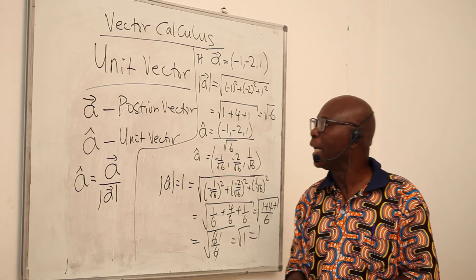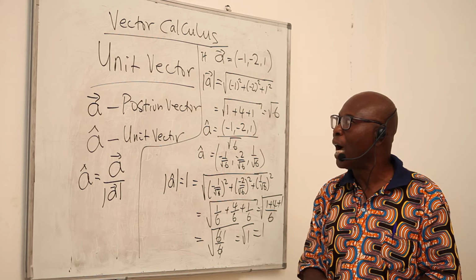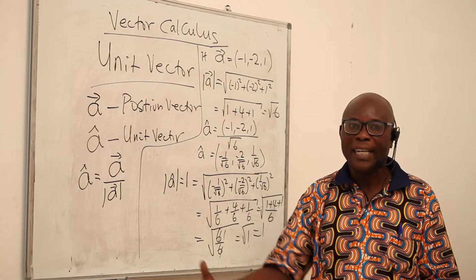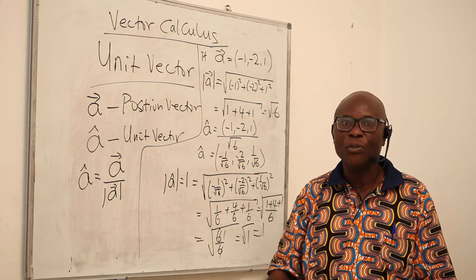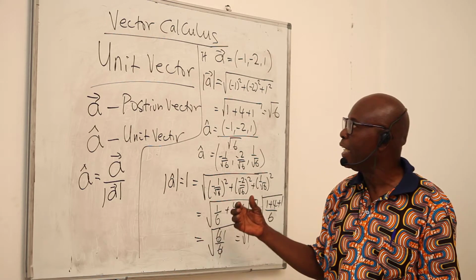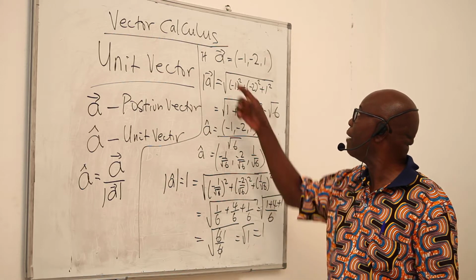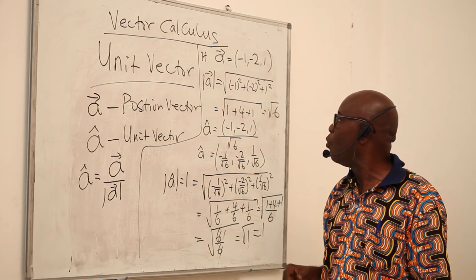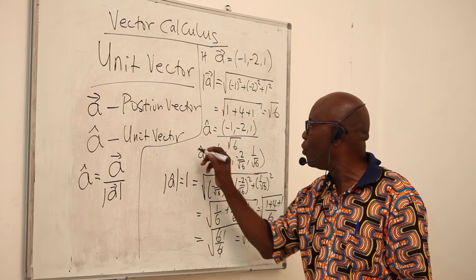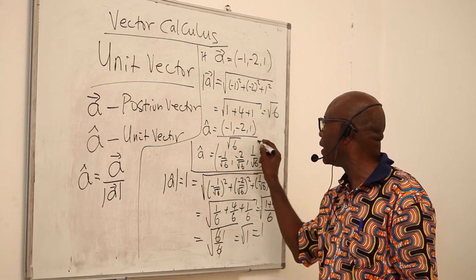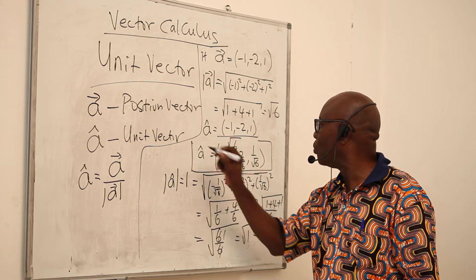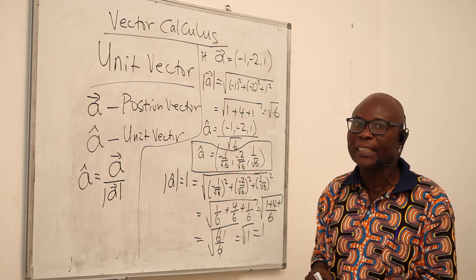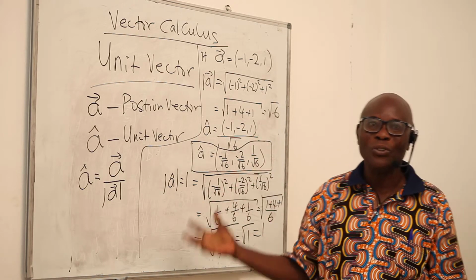So we shall see how we can develop vectors using the unit vector. If you take the vector A, which is (1, -1, -2, -1), with its unit vector, which is this one, then we can have so many vectors modeled on this unit vector.